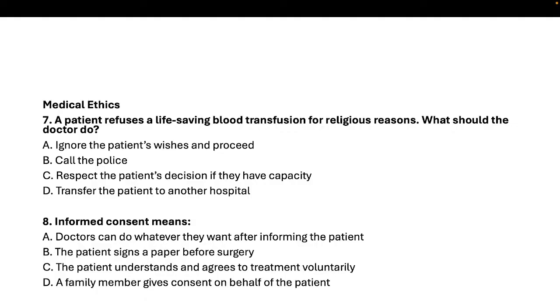So if the patient is able to understand this information and also the complications that might come if this patient is not to get the blood transfusion, or the advantages that can come from the blood transfusion, if they understand all of this information, then if they say no, then they have the right to say no. And as doctors, we have to respect their decisions and obviously find a different way, if possible, to treat this patient.